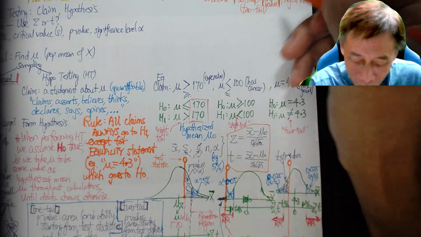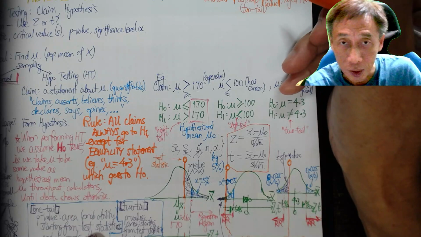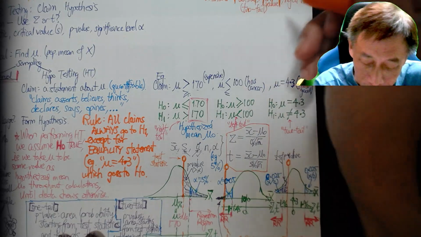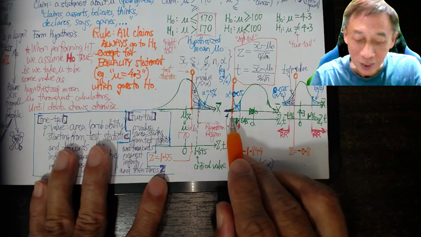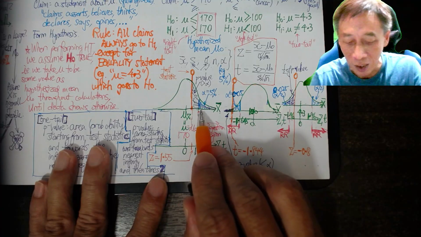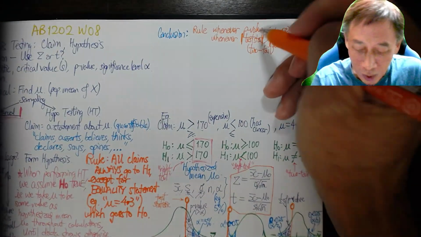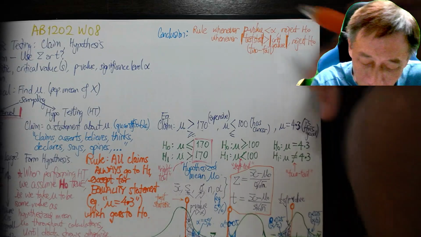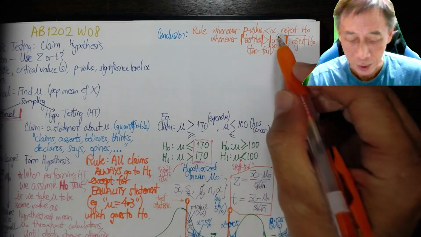And for one tail, you need to check, is it left tail or right tail, right? So if it's left tail, then the test statistic has to be lesser than the critical value. For right tail, the test statistic has to be greater than the critical value. So rather hairy. Easiest is just to use the p-value. Okay, so the basic rule is that.